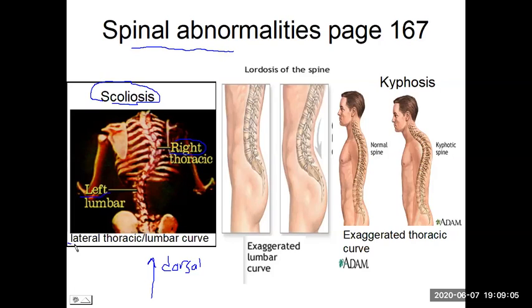But that there's some type of lateral curvature to the spine, and it's more commonly seen in the thoracic and lumbar regions. In severe cases, it's even seen in the cervical area. And this is commonly seen as a birth defect. So we see that curvature to the spine in whichever way it happens to curve.